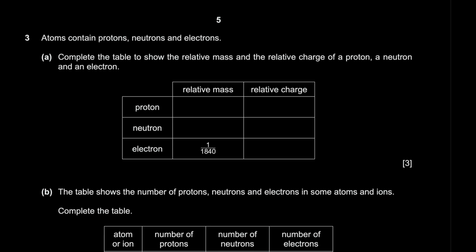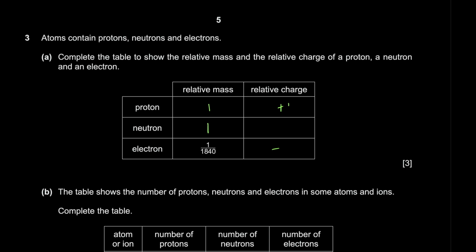Now, as a teacher, I feel like it's my duty to tell everyone, as easy as this table looks, people just get it wrong. For one thing, the mass of the proton and the neutron is the same. I think no one has trouble with that, 1 and 1. And a lot of people just write down the relative charge for a proton as positive and for the electron negative.